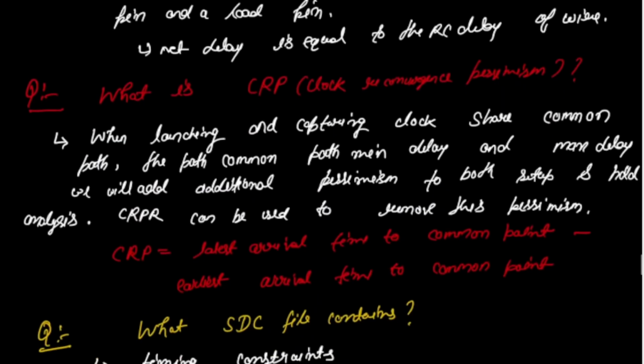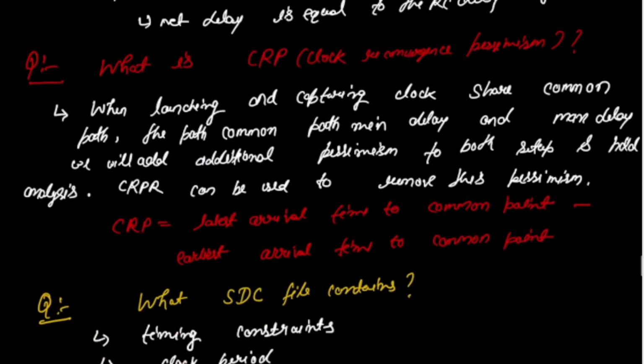Next question is, what is CRPR? CRPR is clock reconvergence pessimism removal. When the launching and capturing clock share a common path, the common path's minimum delay and maximum delay add additional pessimism to both setup and hold analysis. CRPR can be used to remove this pessimism.